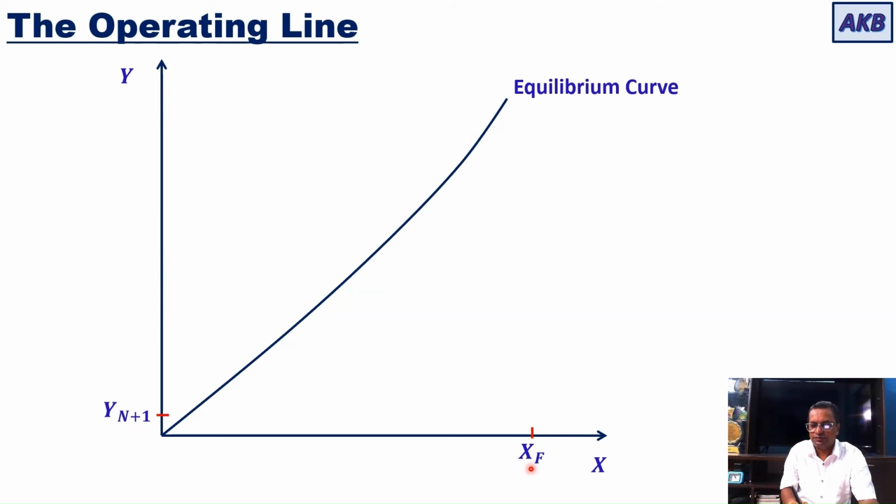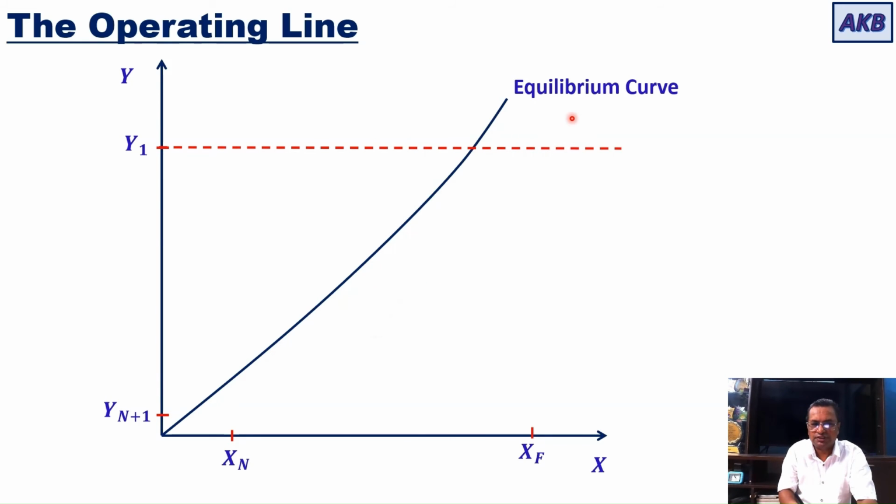After the feed enters into the operation, the concentration of C is going to decrease from xf to xn. Whereas, when solvent enters with concentration Yn plus 1, as it moves through the cascade, the concentration is going to increase to Y1. So, feed enters with this composition, and raffinate comes out with this composition. Solvent enters the operation with this composition, and it comes out as an extract phase with this composition.